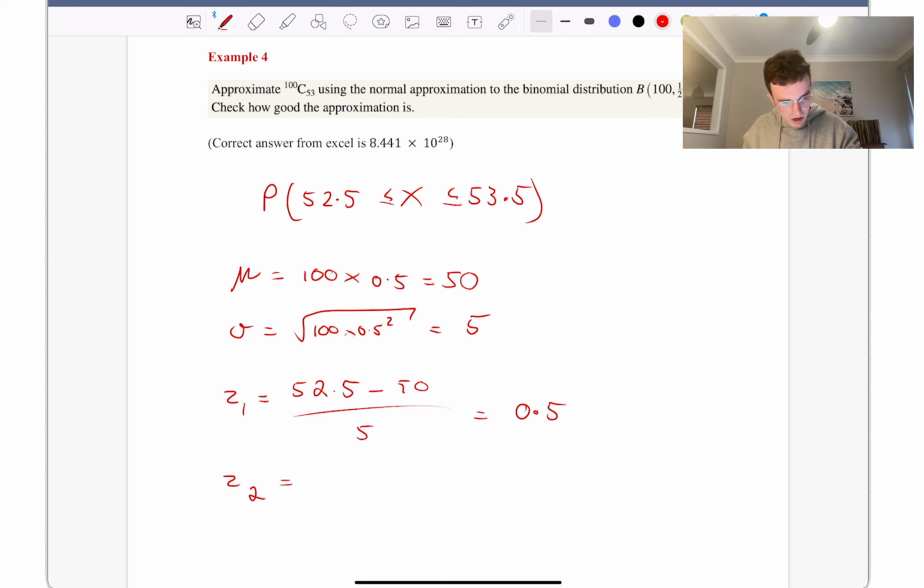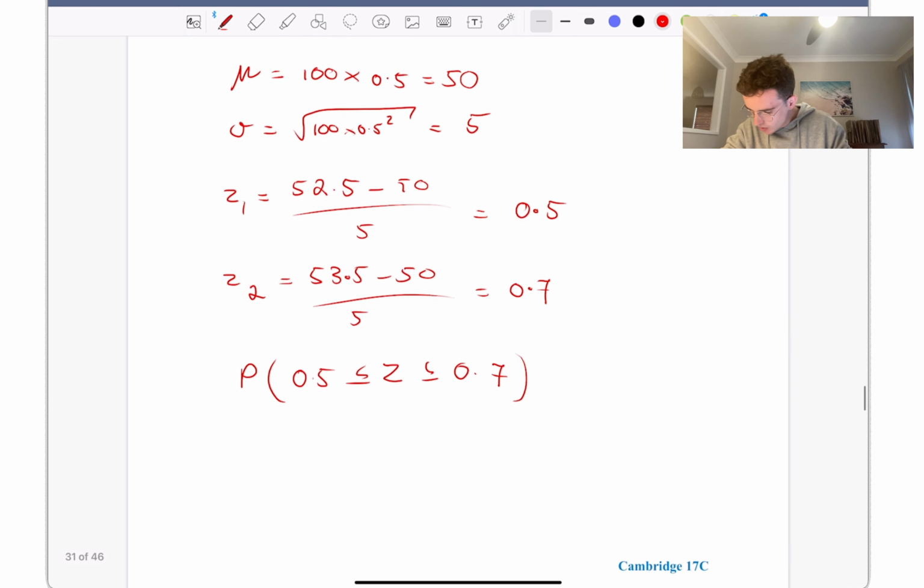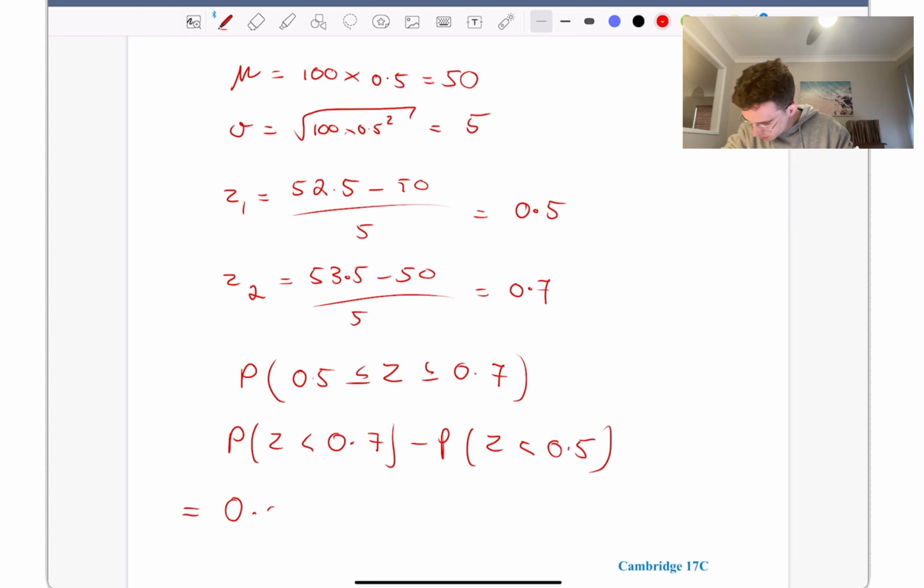And z2, we're going 53.5 minus 50 on 5. What do we get? 0.7. So really we're looking at the probability that z is between 0.5 and 0.7. So we're going to calculate the probability using our z-score table that z is less than 0.7 minus the probability that z is less than 0.5. And if you do that, you get 0.066574.